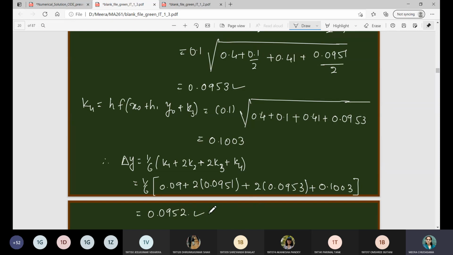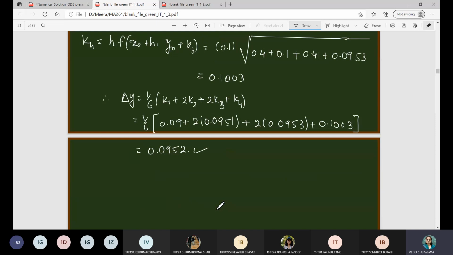Please verify, are you getting this value or not? Are you getting this answer?